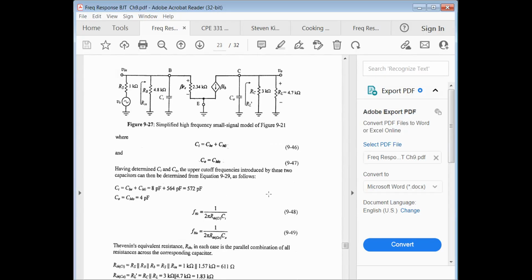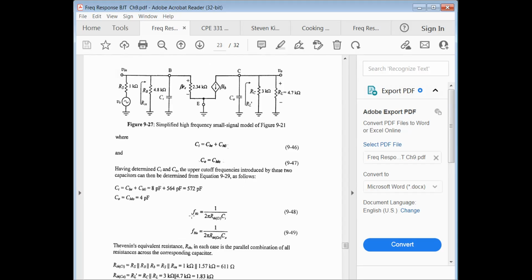So now what do we have? We have a capacitor here, and we have a capacitor here. And just as in the low frequency case, now we can find the pole that's associated with this capacitor, and then we find this pole that's associated with this capacitor.